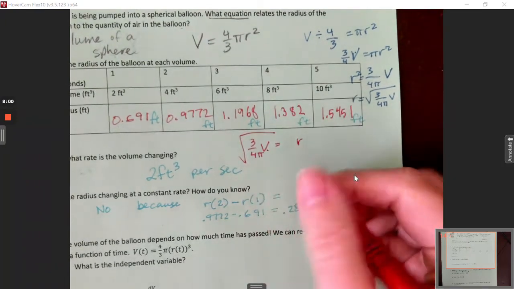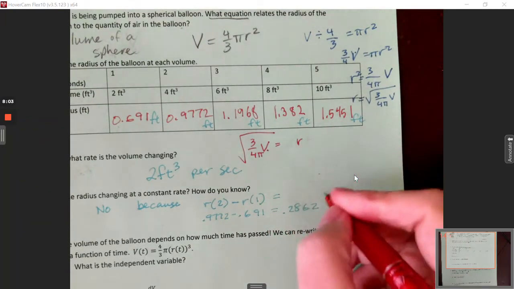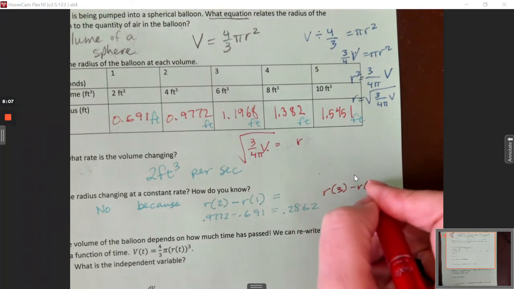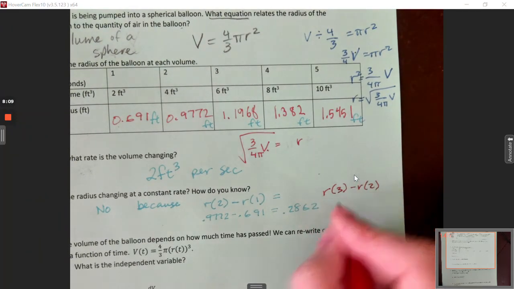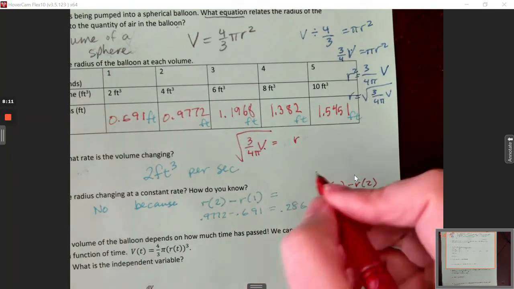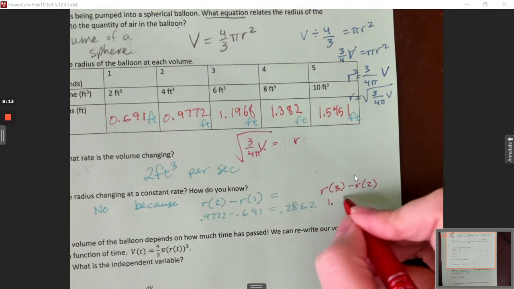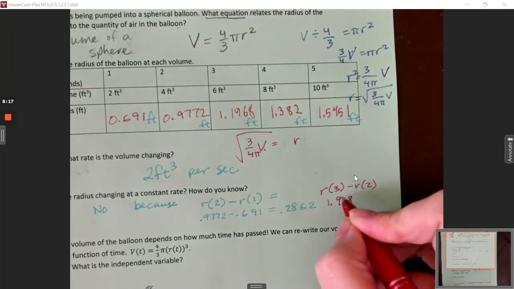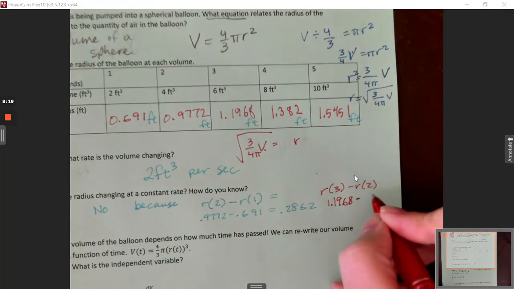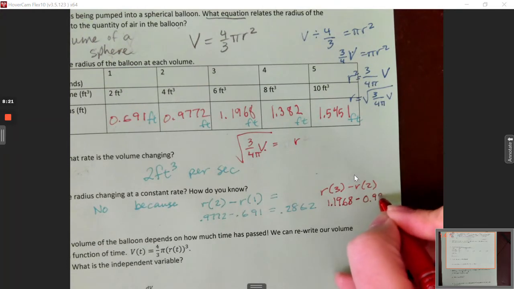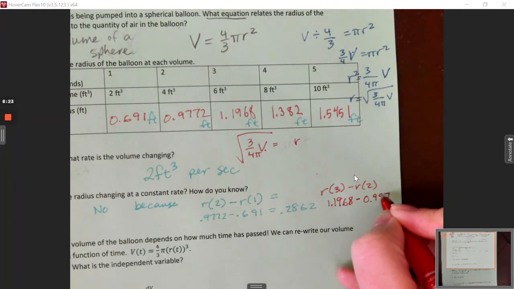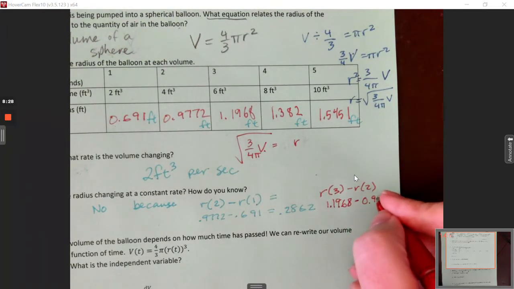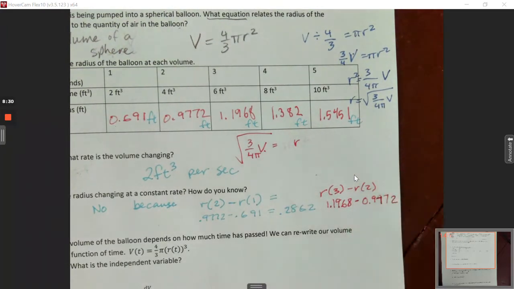And the radius at 3 minus the radius at 2, which is 1.1968 minus 0.9972. Wait, why, I think that's 2 9s. I'll look at my table.